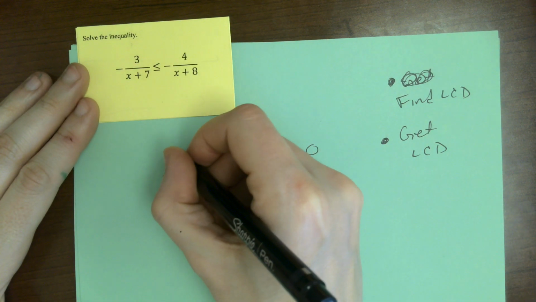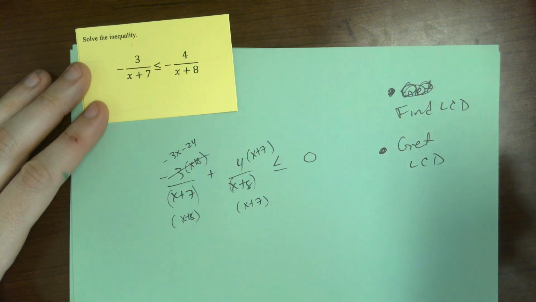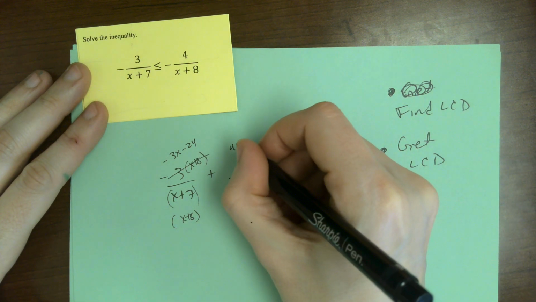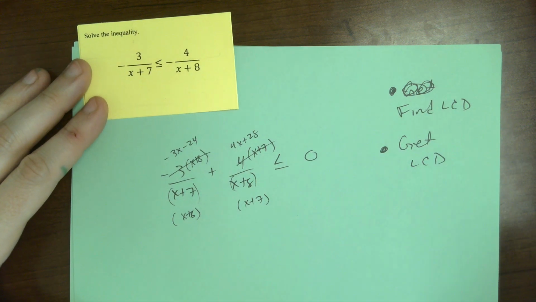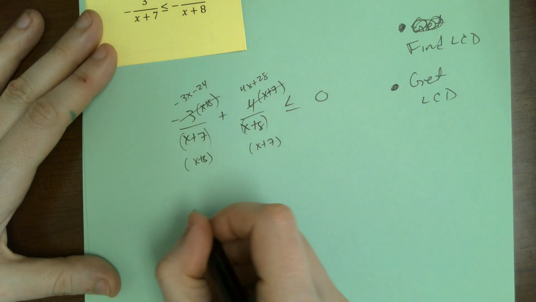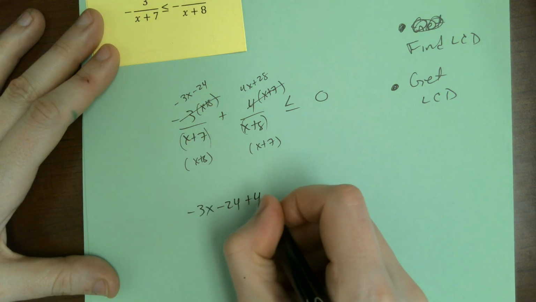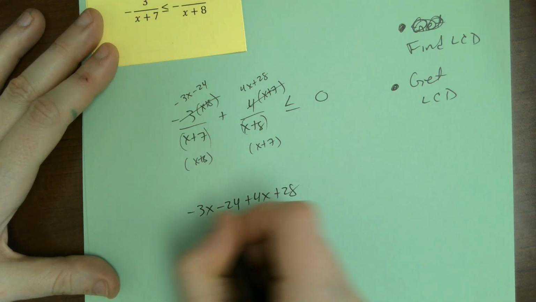And up here that'll be negative 3x minus 24. This will be 4x plus 28. So guys, what we've got here is negative 3x minus 24 plus 4x plus 28.